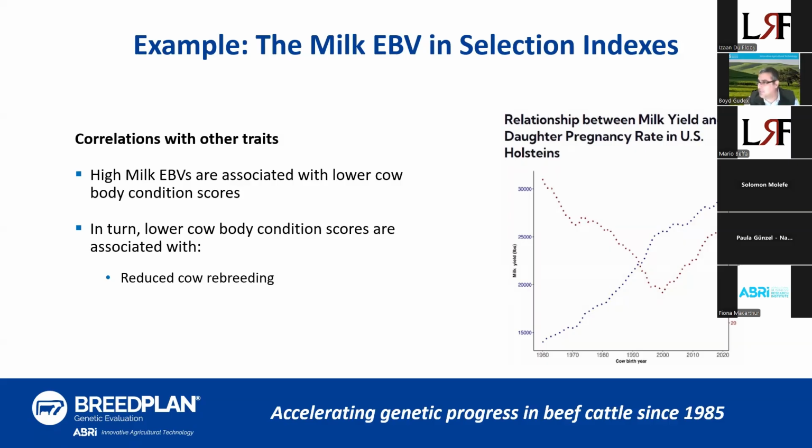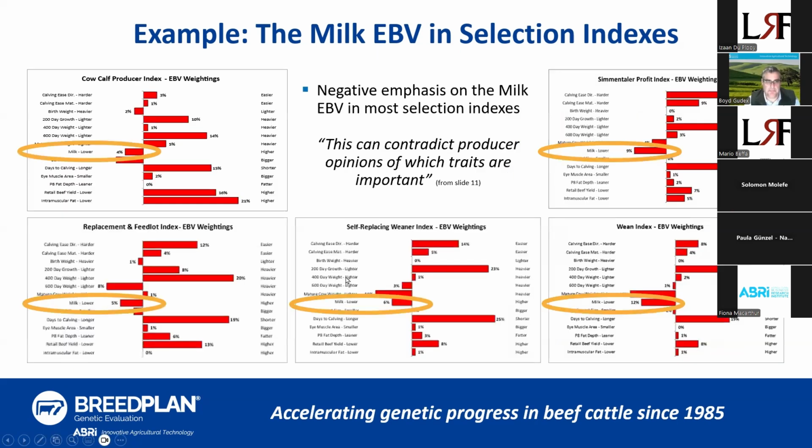And back to that same graph I mentioned earlier that showed exactly that as milk increased, fertility went down, unless it was also selected upon. And lower body condition score is also associated with decreased cow longevity. And this is why we see a negative emphasis on milk in most self-replacing selection indexes.